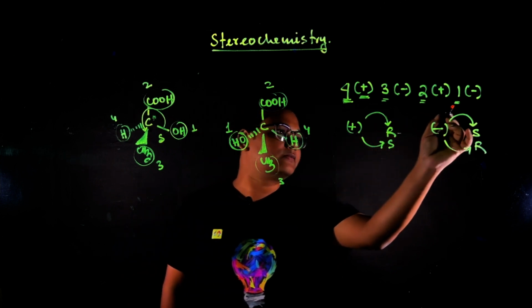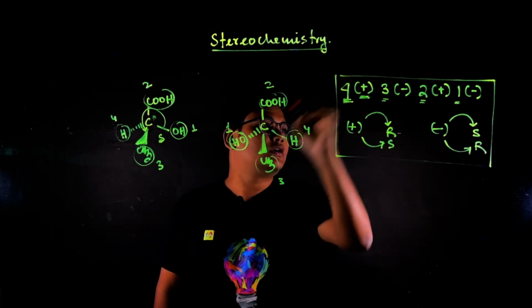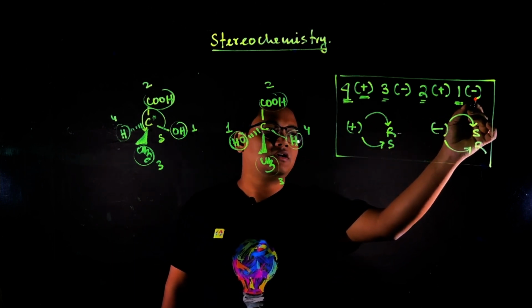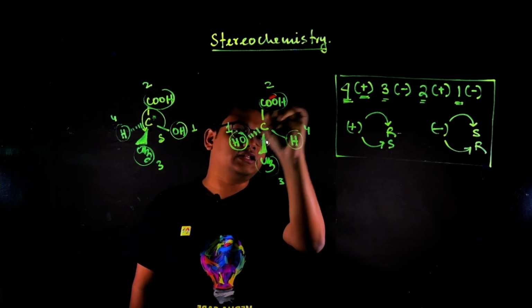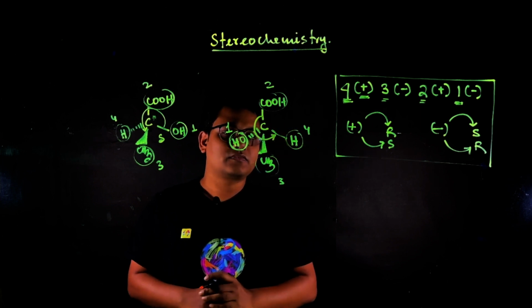Now you have to go to the trick. So this is the trick. Here group number 1 is below the plane, that means you have to think negatively. Now forget about group number 1, the other groups are going anti-clockwise, right?